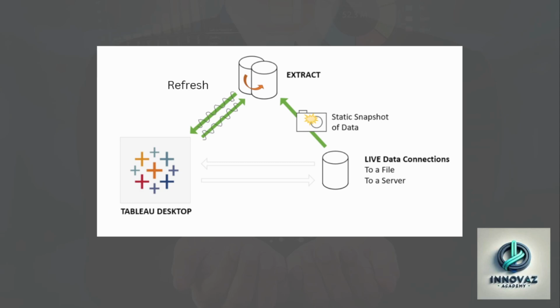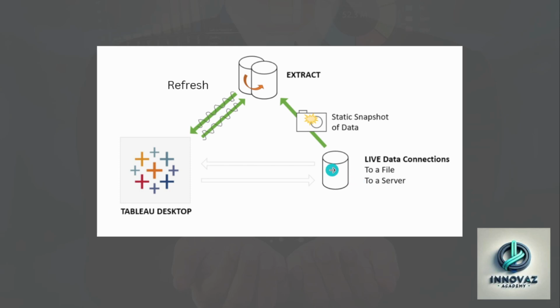Now we are going to talk about extract connection. When it comes to extract connection, Tableau creates a snapshot of data and stores that snapshot in your local system or Tableau server. This extract is optimized for the fastest performance. As you can see in this image, we have the Tableau workbook and database. Tableau will not consume the data directly from the database.